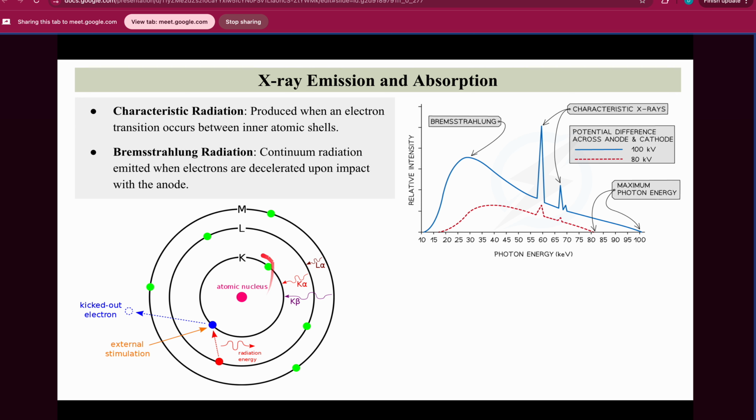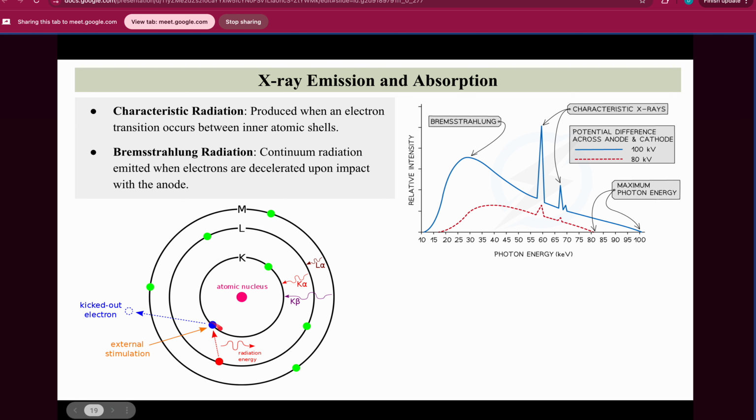And now this shows what is actually happening at the atomic level, what the electron is actually doing. In the anode, the metal filament present on the anode, a high moving electron will come and hit the atomic shell of a particular atom. There are different levels, different shells, so it depends on which shell the electron hits and knocks out.